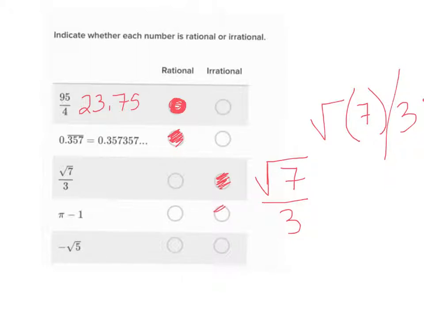Since it goes on forever without a pattern, it's irrational. And then let's type in our calculator negative square root of 5. Negative square root of 5. And I get negative 2.23606. There's no pattern. Since it goes on and on forever without a pattern, it's also irrational.